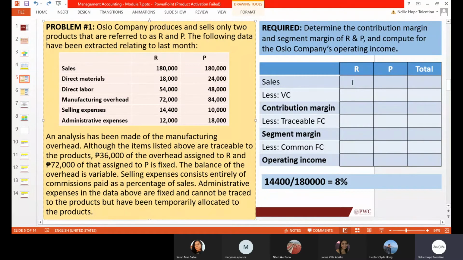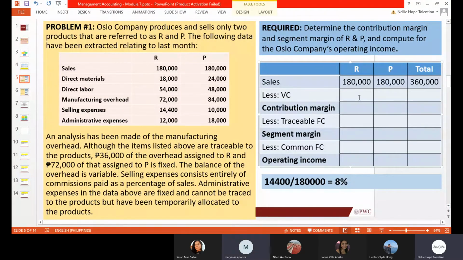How much is the sales of R? 180,000, ma'am. Sales of P? 180,000 also. So, how much is the total? 360,000. So sales are easy, ma'am, it's right there, so there's no problem. This is where our problem starts.